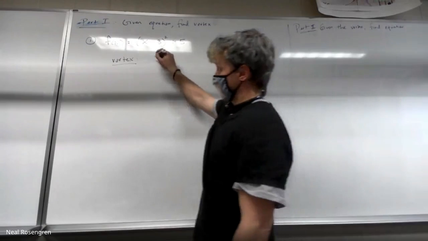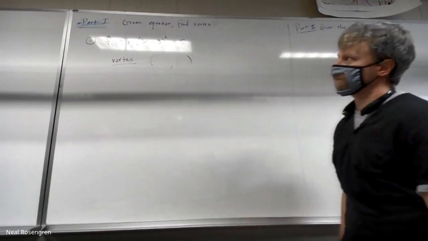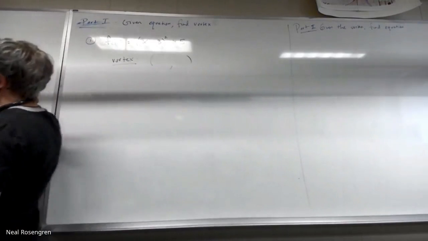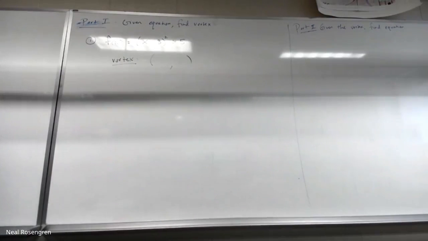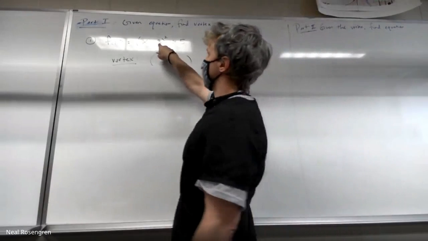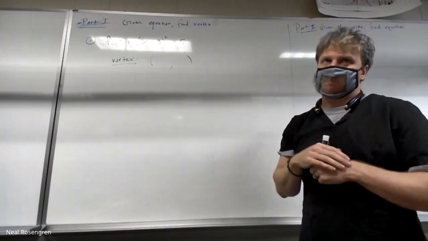It's some point, some x, y. And if you can go back to that vertex form here with all the a's and h's and k's, and ignore whatever number's in front, it's really just about the number on the inside and the number on the outside. Then you've got it. Okay.